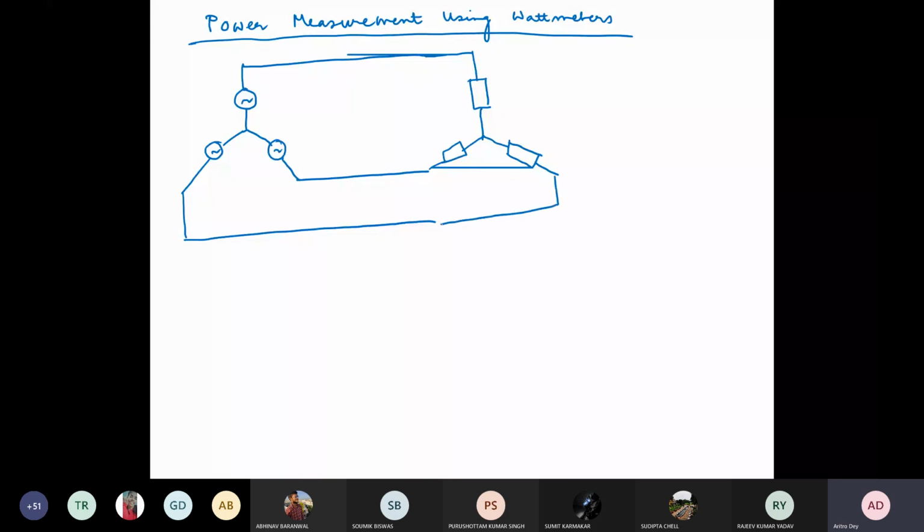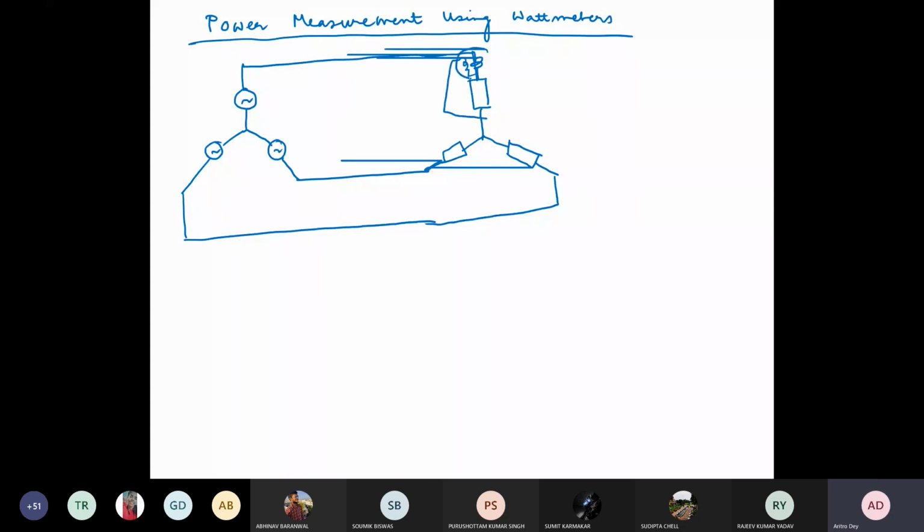When we use wattmeter, what do we have to do? We have to connect our current coil and pressure coil. If we use 3 wattmeters, then we'll connect our current coil somewhere here and the pressure coil somewhere here. This is your pressure coil, so it is connected between this. This is your 1 wattmeter.